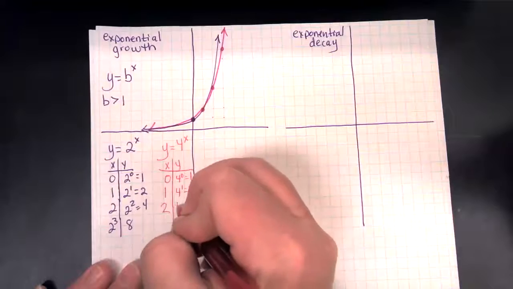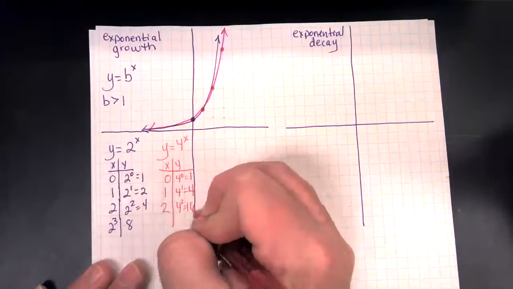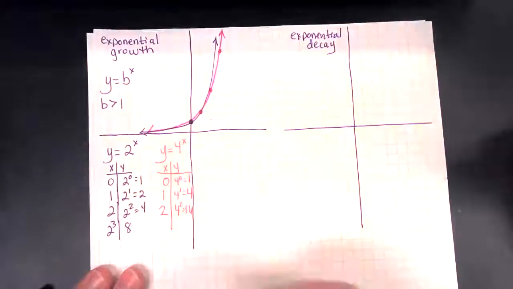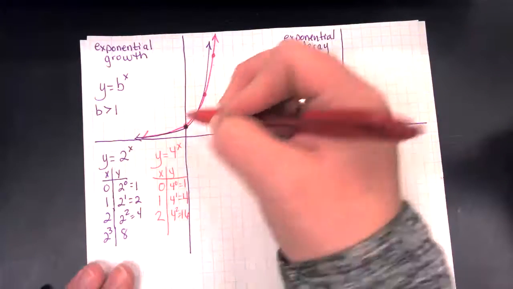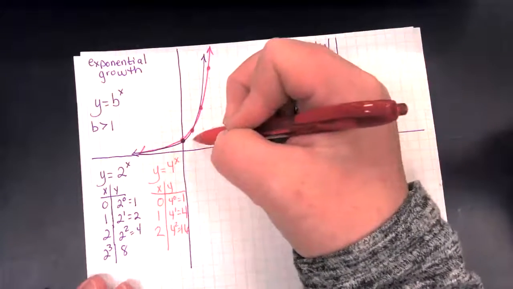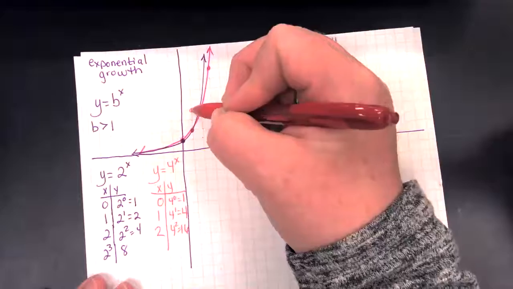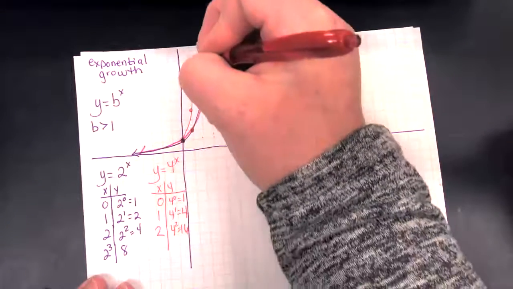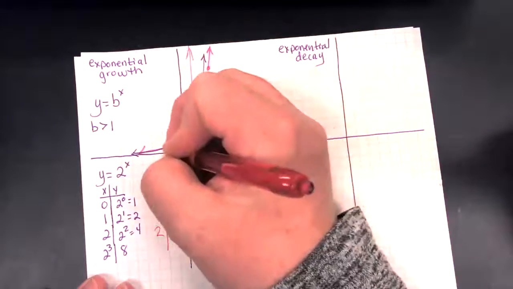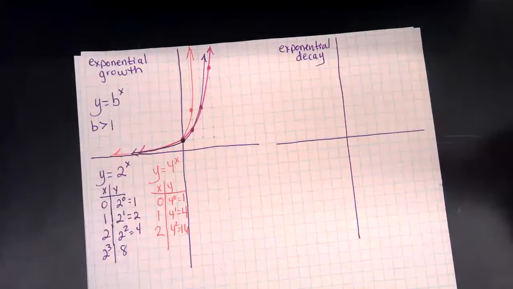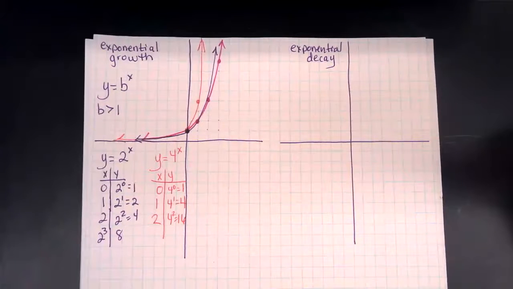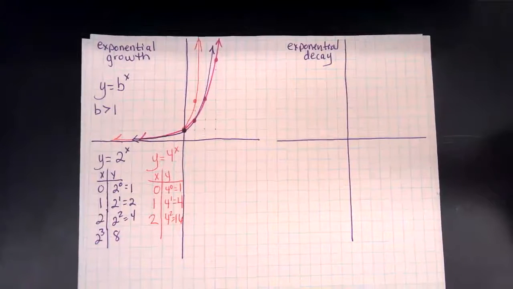And 4 to the second jumps up to 16, which I don't have room on my graph. But I notice I still cross here, but now my second number, I'm going to climb so much higher. Do you see how all of those are the same?